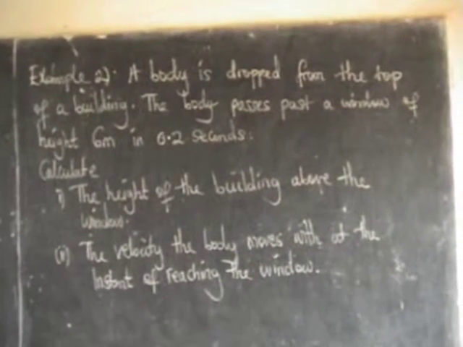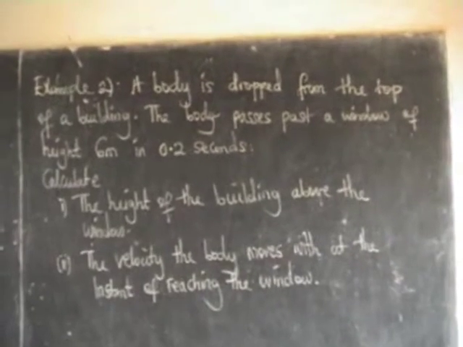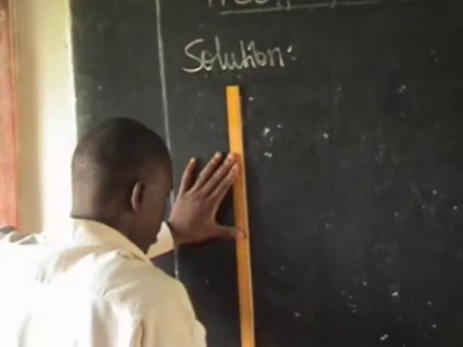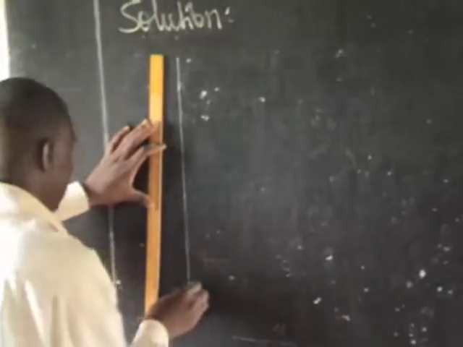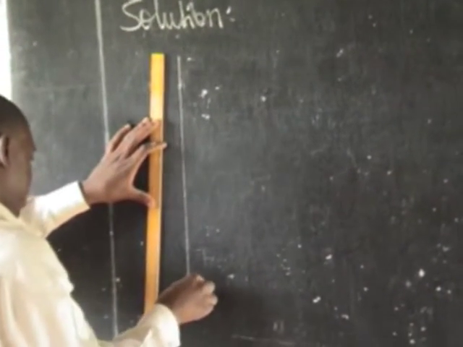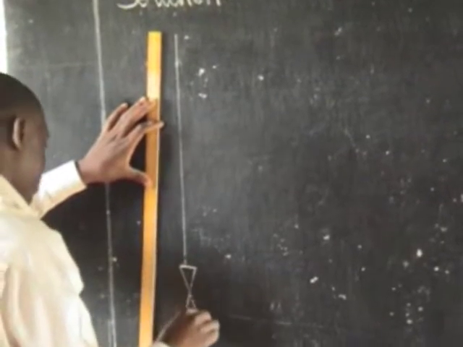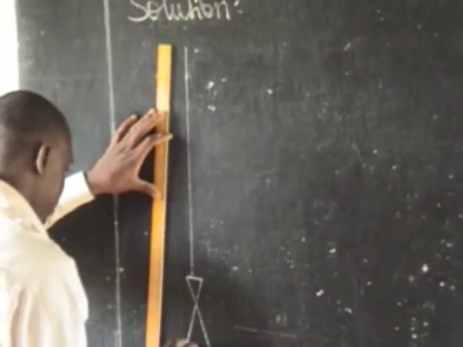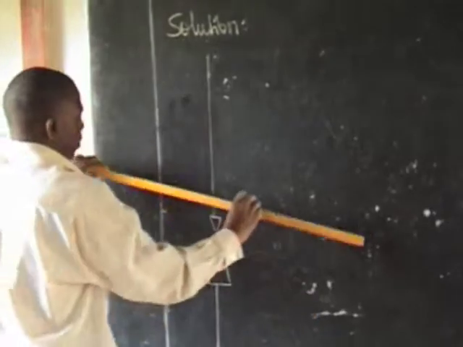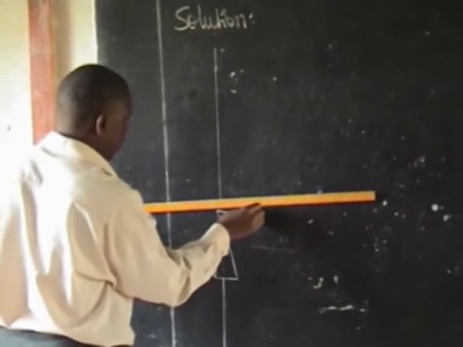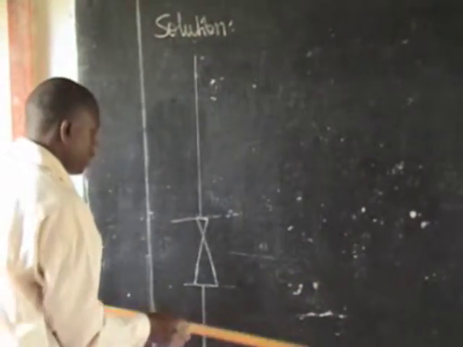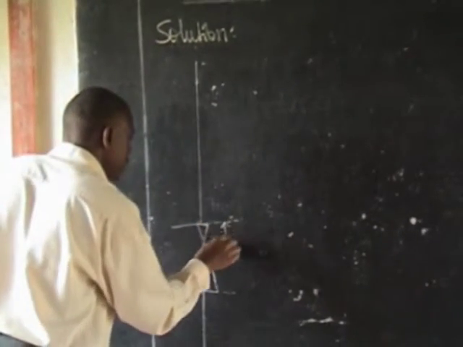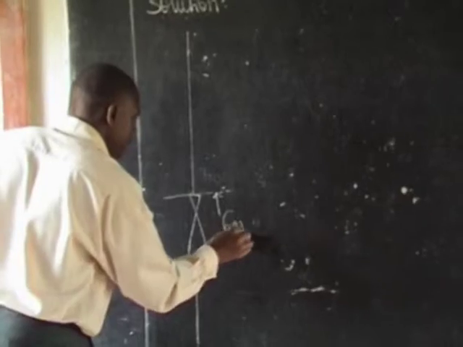So after reading through the question, you come up with our building. And maybe this is our window. We are told that the height of the window in this case is given to be 6 meters.